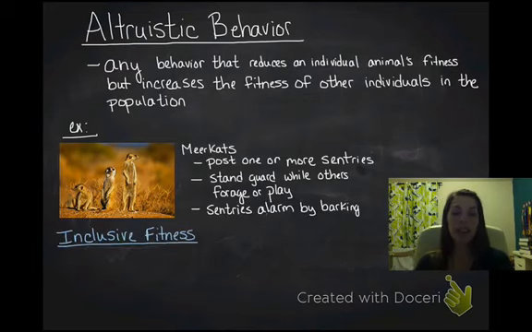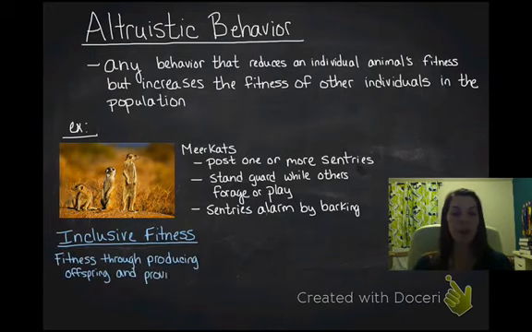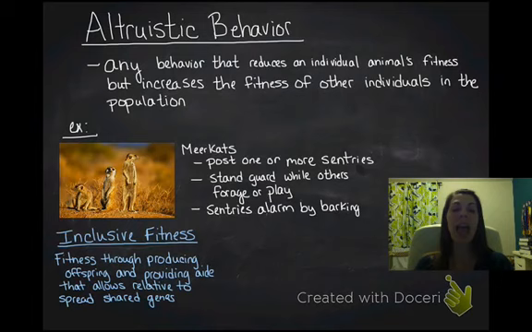So we have to look at something called inclusive fitness. Inclusive fitness is the fitness through producing offspring and providing aid that allows my relatives to spread any shared genes that I have. So not only is my fitness my ability to survive and reproduce, but it's also the ability of those who I have the same genes as to survive and reproduce.